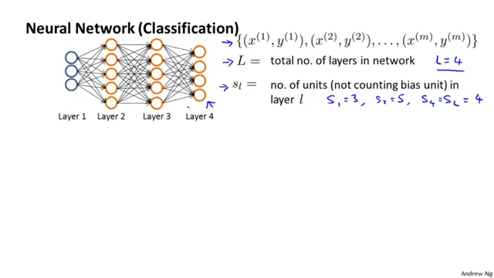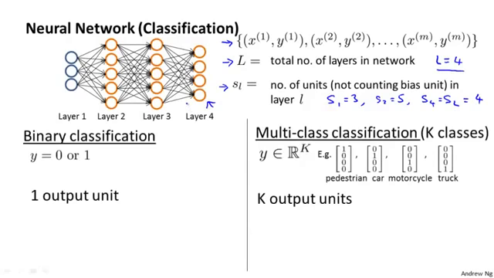We're going to consider two types of classification problems. The first is binary classification, where the labels y are either 0 or 1. In this case, we will have one output unit. So this neural network on top has 4 output units, but if we have binary classification, we will have only one output unit that computes h of x. And the output of the neural network, h of x, is going to be a real number.